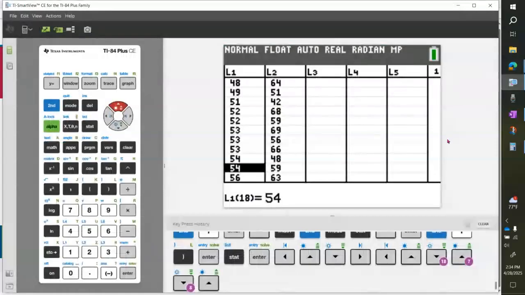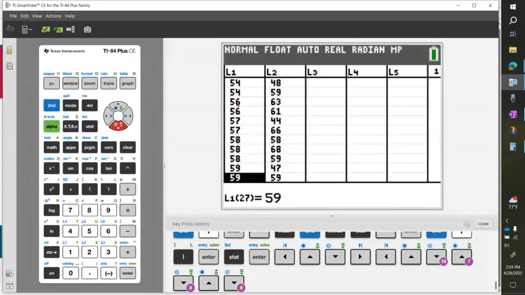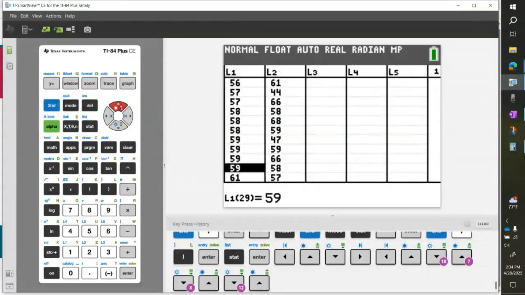56 to 60. So go down 56 to 60. So 1, 2, 3, 4, 5, 6, 7, 8, 9, 10, 11, 12. Oh no, just 11.